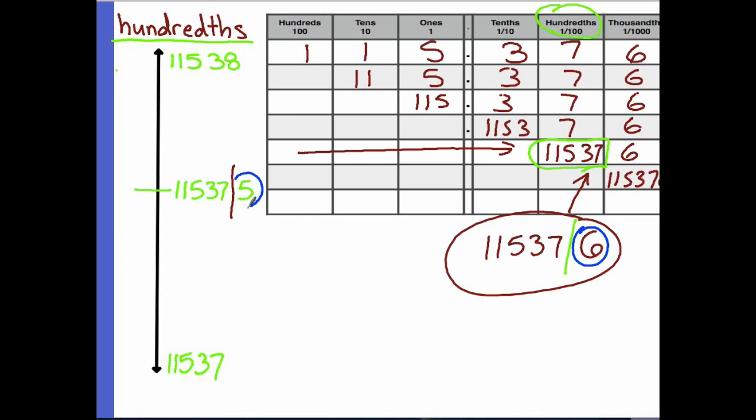Good, because remember you learned this week that 6 is greater than 5, in case you didn't know that in previous years. If I have 6 things, I have more than you if you only have 5. So it would go right here, wouldn't it? And 6 thousandths.